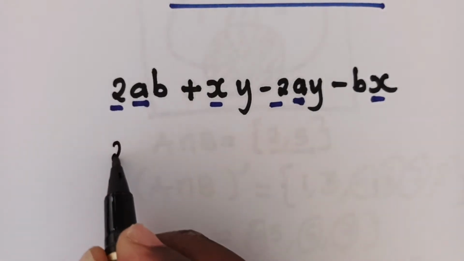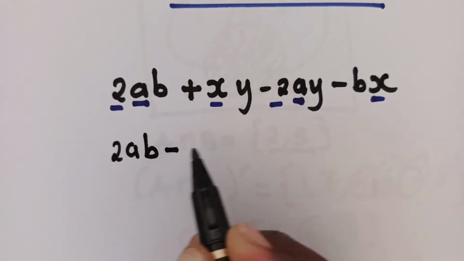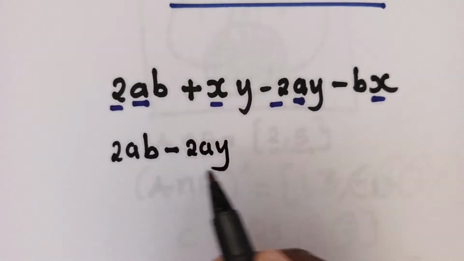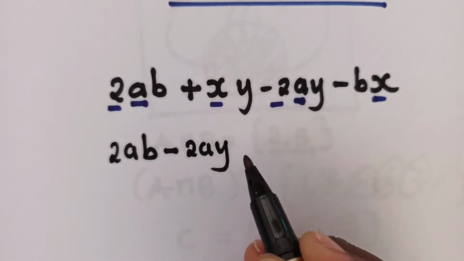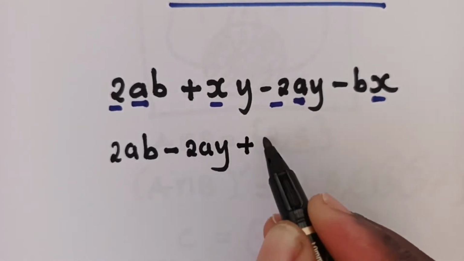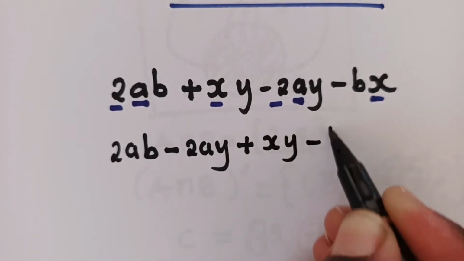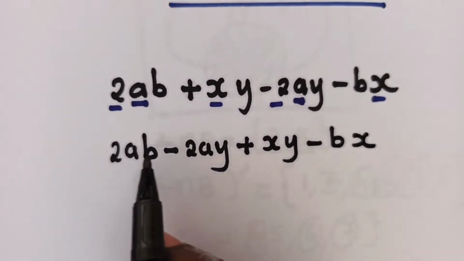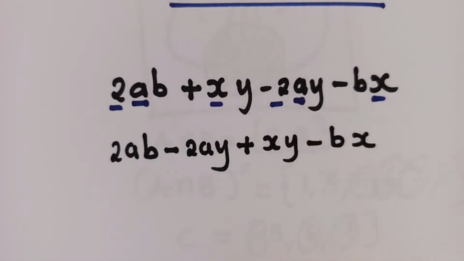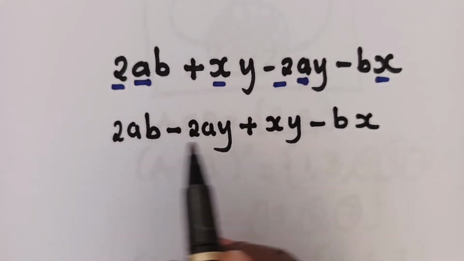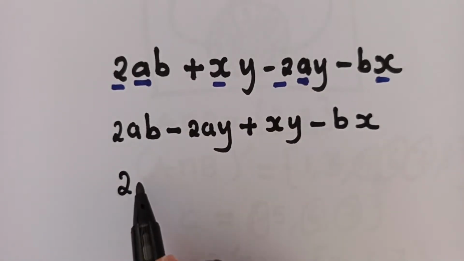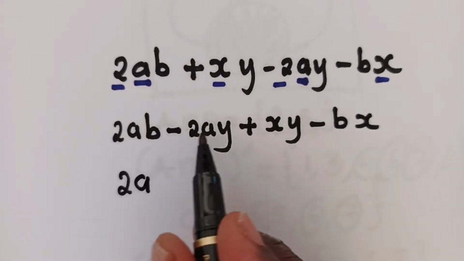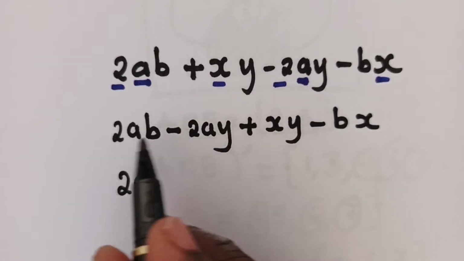So we can say 2AB, we'll move with the minus 2AY. Then plus XY minus BX. So I've grouped these according to like terms. From here, we can see that 2 is common. So this is 2A. 2 and A are common. They are found in both terms.